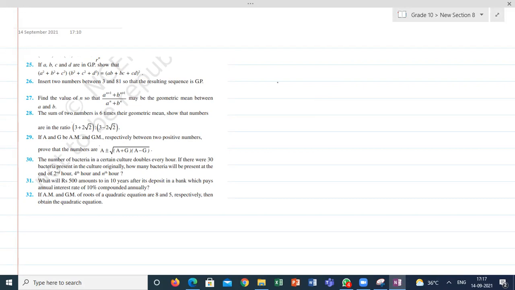You take two variables and you have to explain that they are in GP. Suppose they are asking to insert two numbers between 3 and 81 so that the series should be in GP.